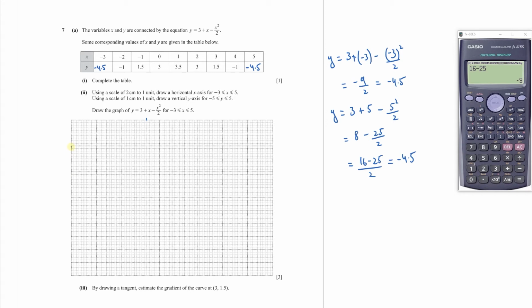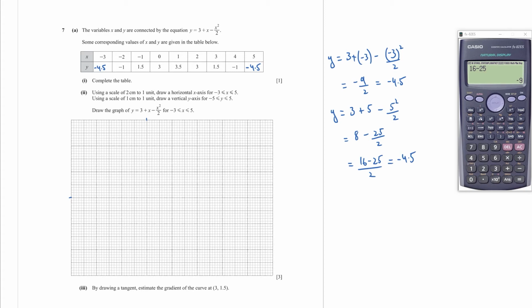So in fact, I can move the scale up 1 unit. So I can take this one as minus 5 instead of taking the bottom one. So this could be minus 5, minus 4, minus 3, minus 2, minus 1, 0. So this will be the line y equals to 0, which is the x-axis, and then 1, 2, 3, 4, 5. Okay, so that should be correct.